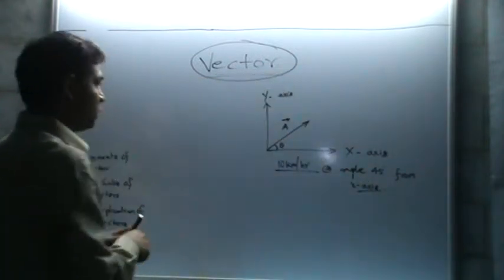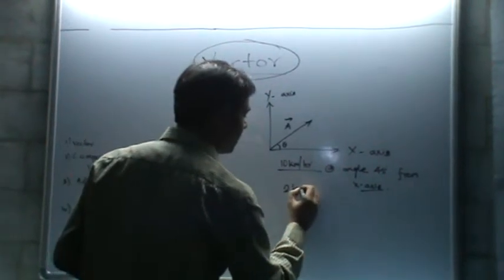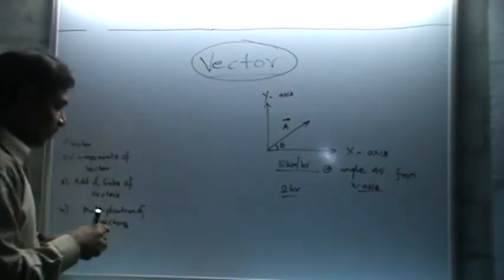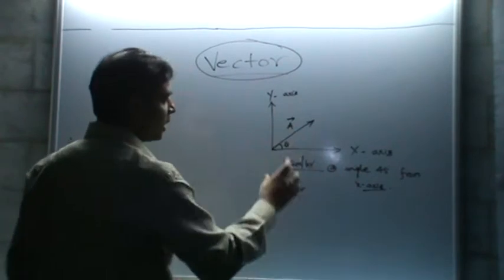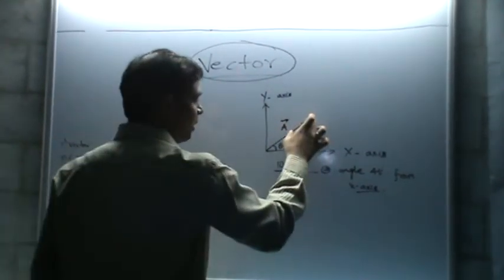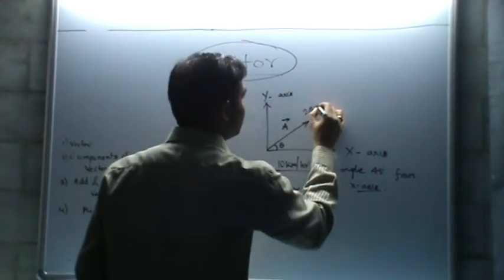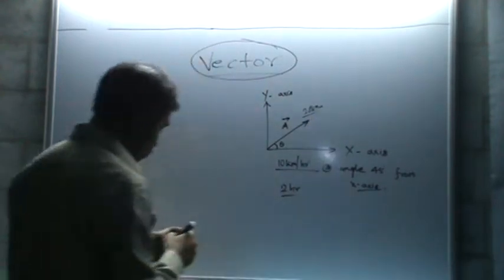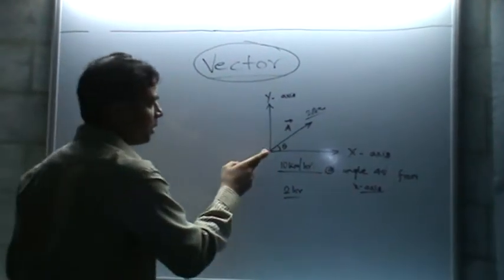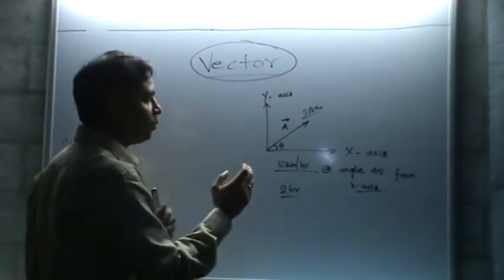Let's say the car moves for 2 hours. What will happen? After 1 hour, it will cover a distance of 10 km. After 2 hours, it will cover a total distance of 20 km in this direction. So the car has moved from this point to this point.